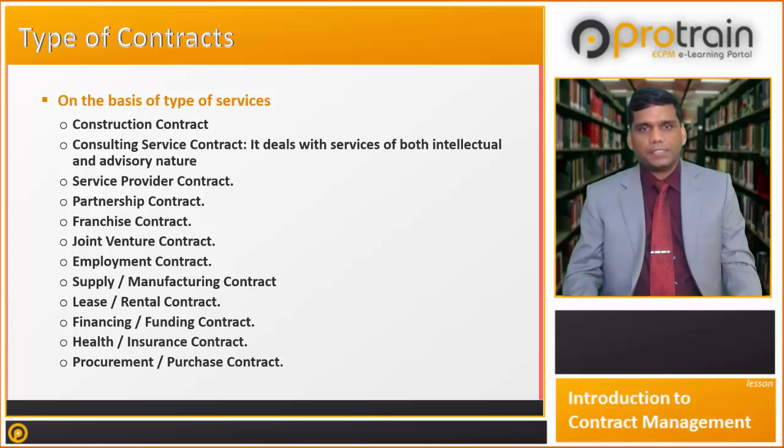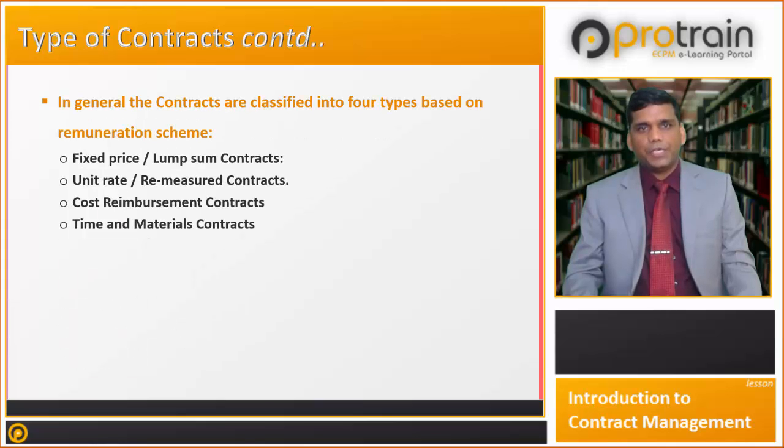Let us next see the contract classification on the basis of remuneration scheme. In general, contracts on the basis of remuneration are classified into 4 groups: fixed price lump sum contracts, unit rate remeasured contracts, cost reimbursement contracts, and time and materials contracts.